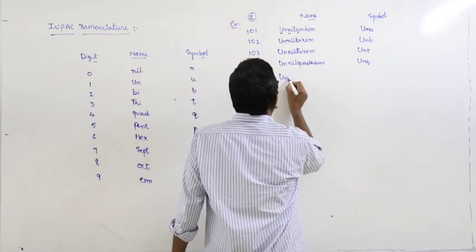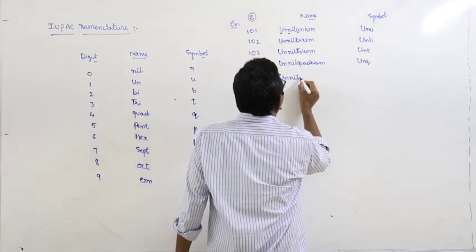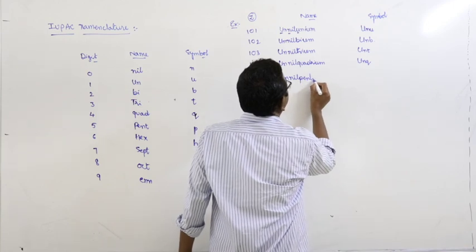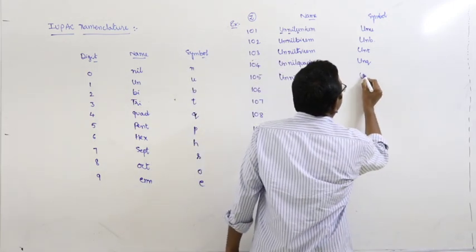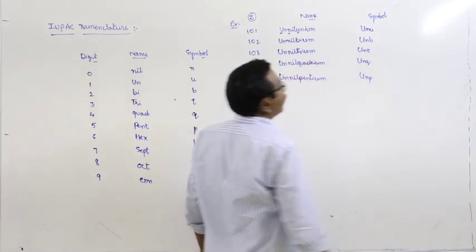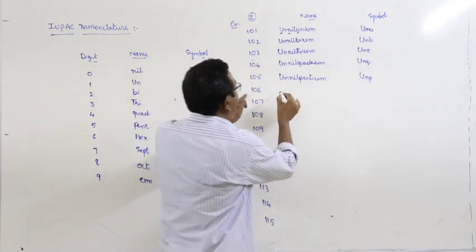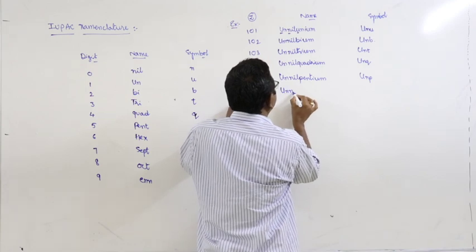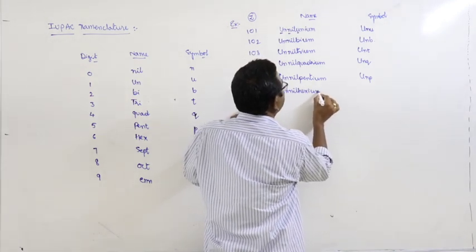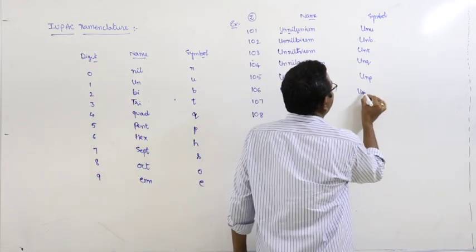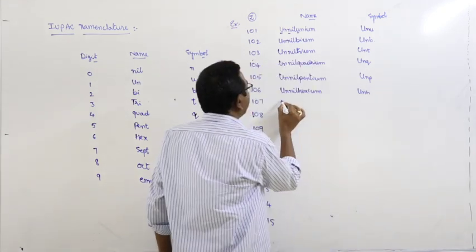105, un, nil, pent plus ium, pentium, UNP. 106, un, nil, hexium, name of the element, UNH.